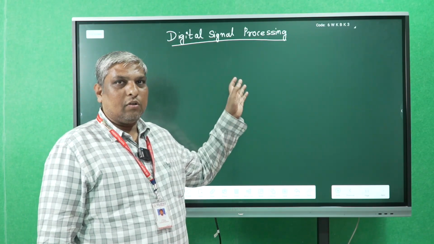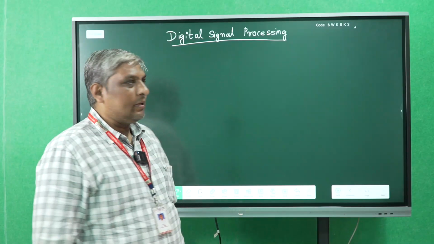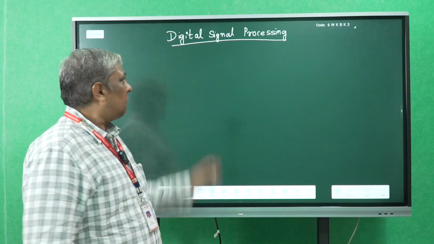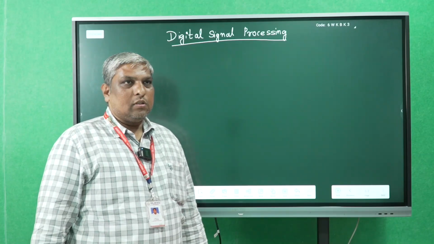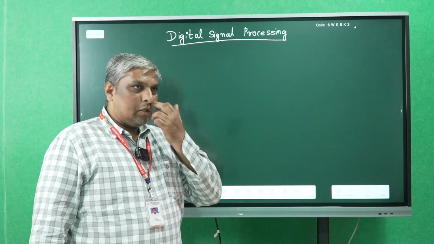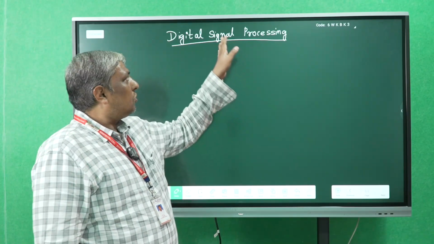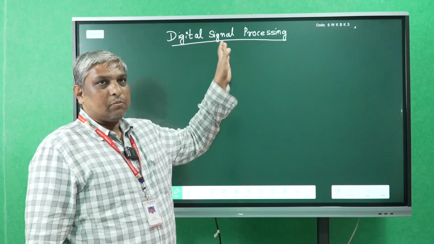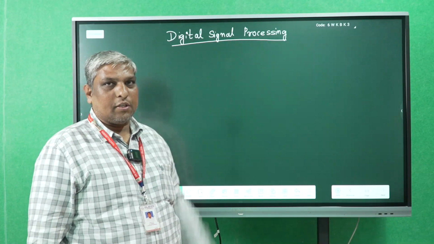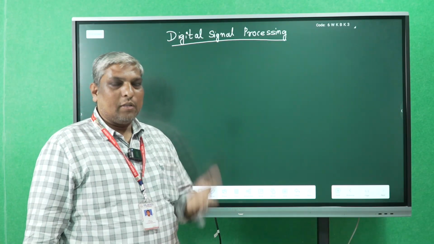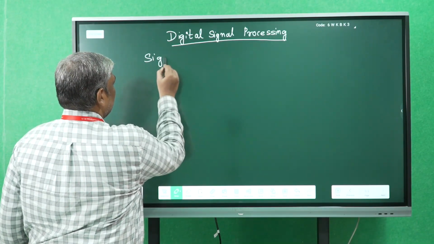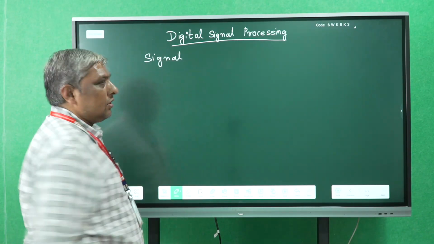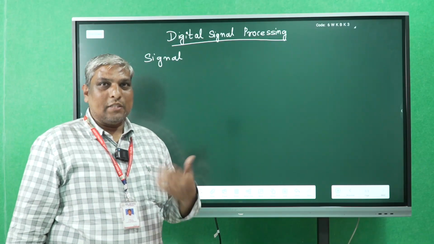I want to deliver the lecture on the basic concepts of digital signal processing. Before I go to the basic concepts of digital signal processing, what is the meaning of signal? And how many signals are there?